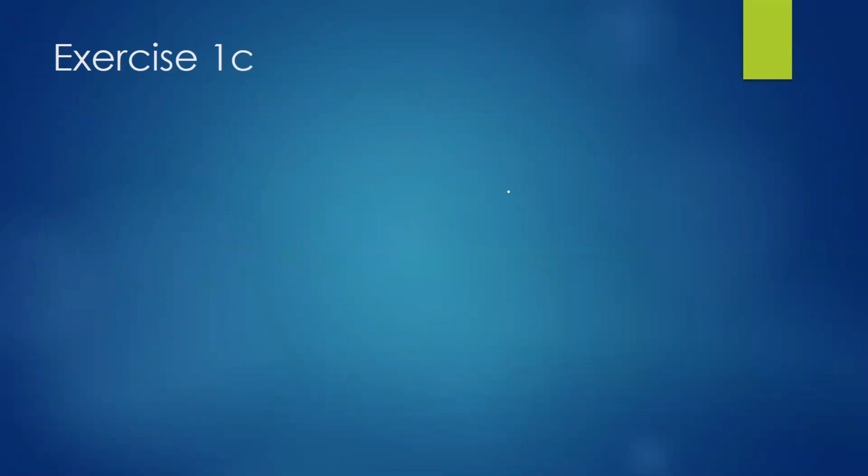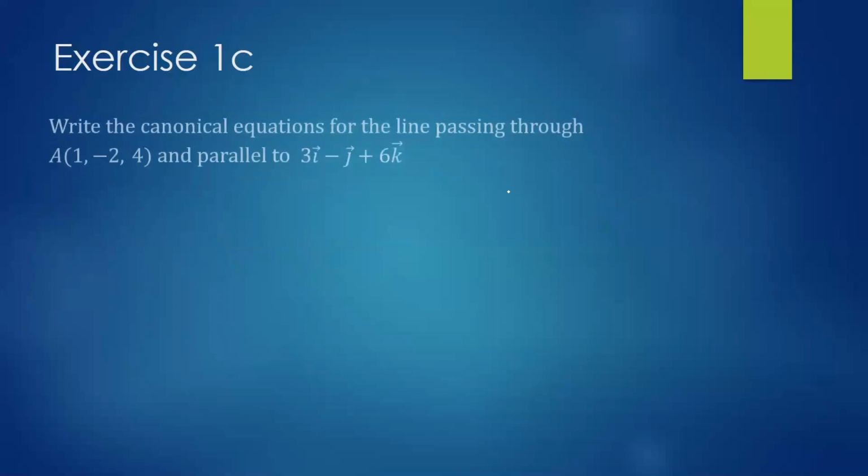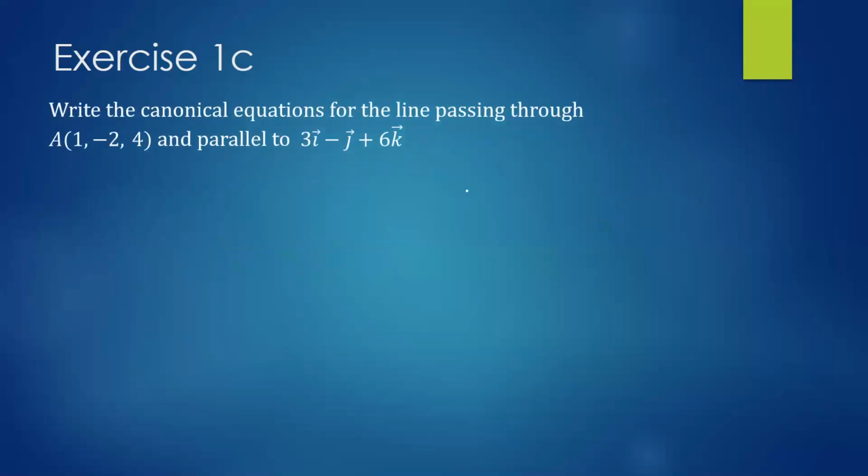What happened? Oh, this happened. Okay. Next, very clear, passing through a given point with a given vector, canonical equations. The point is given, the vector is actually given. The direction vector will be 3, minus 1, 6. So the canonical equations are easy to write.